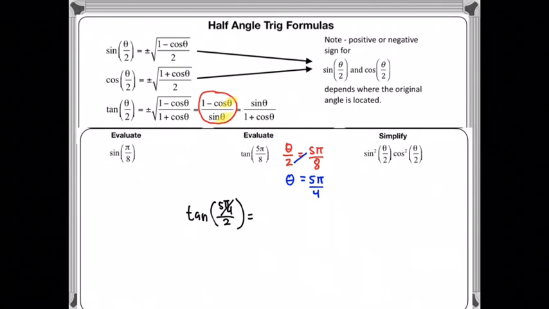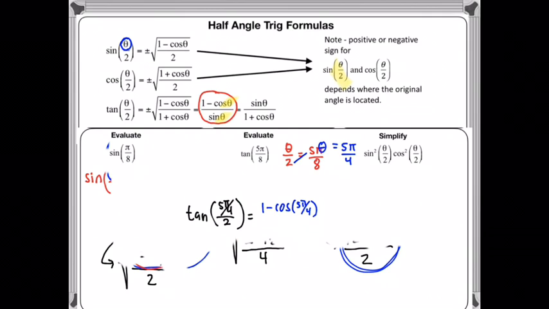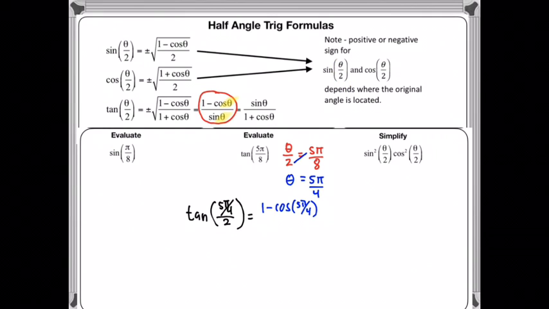So here we go. We have 1 minus the cosine of 5 pi over 4. I'm going to move this. Ooh, that didn't turn out well. I'm just going to erase that. Yikes.